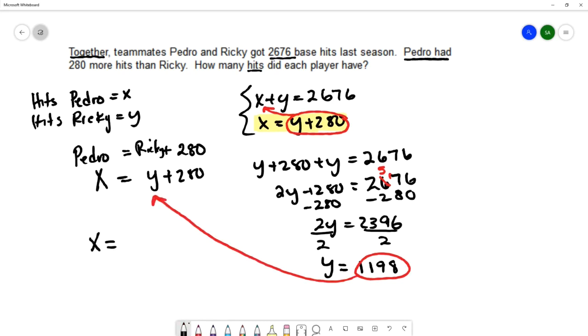So x equals 1,198 plus 280. Maybe I have to do this stacked up so I can see everything lined up. 1,198 plus 280.